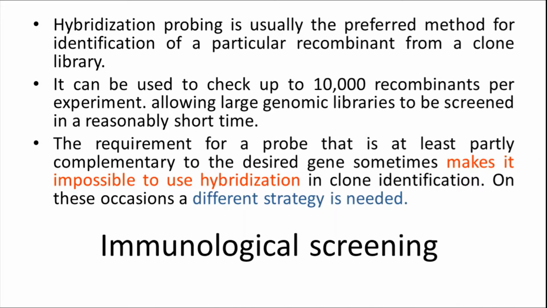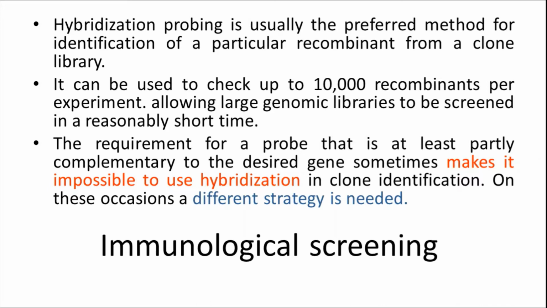Only with an expression vector, a shuttle vector based cloning method, do we prefer the immunological method. Why? Because this vector expresses the gene of interest. Without expression of the inserted gene, we can never select the recombinants by this method. Why? Because here an antigen is required.